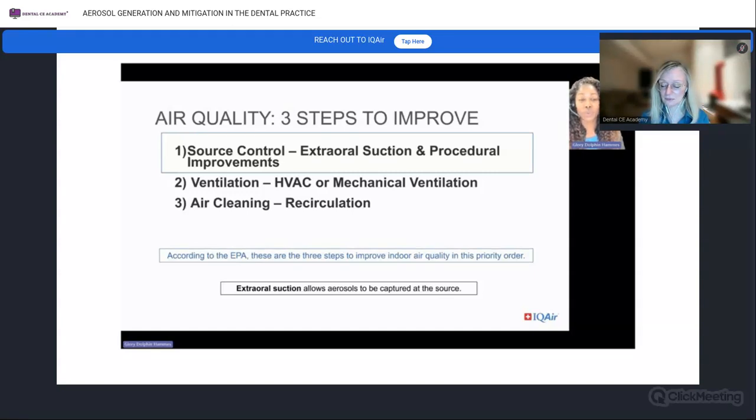So this is a very important tool. With our IQAir FlexVac, we're able to achieve 90%, actually 92% effective capture rate when this device is within 12 inches of the patient's mouth. That's a very big improvement in the air quality and in removing what's being generated in terms of aerosolized particulate matter.